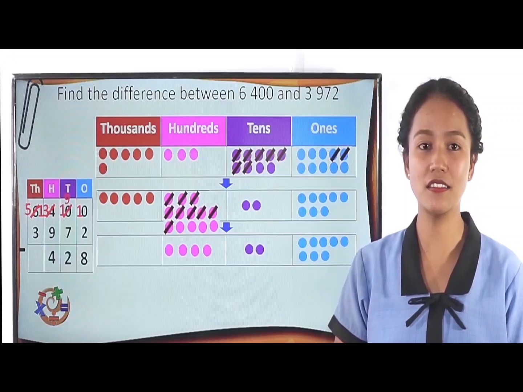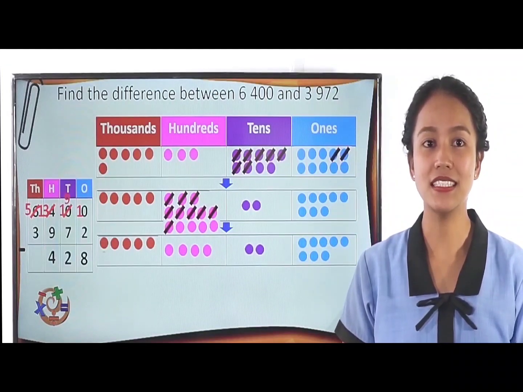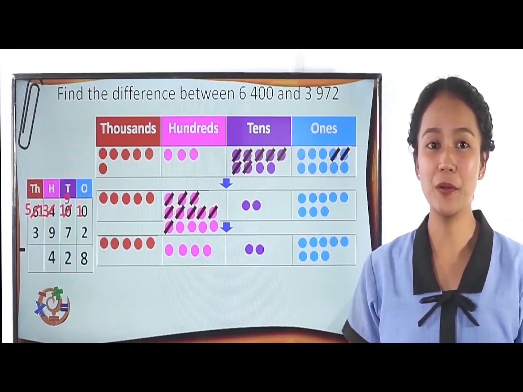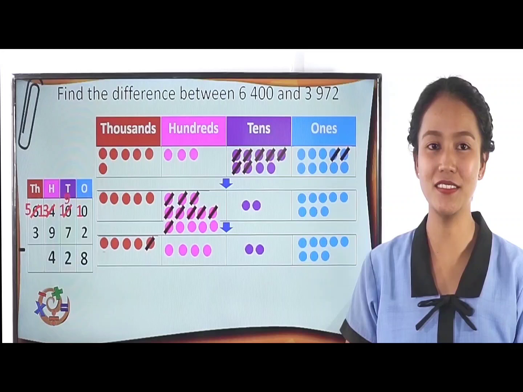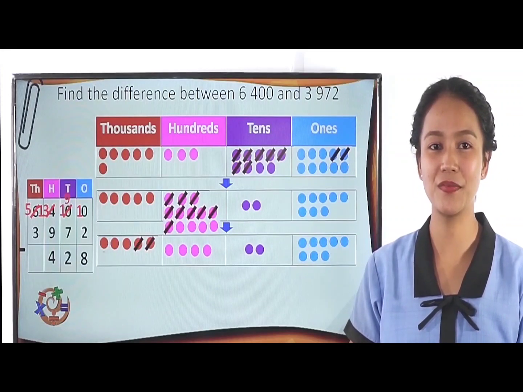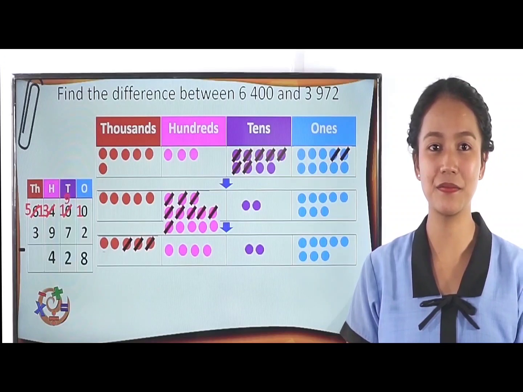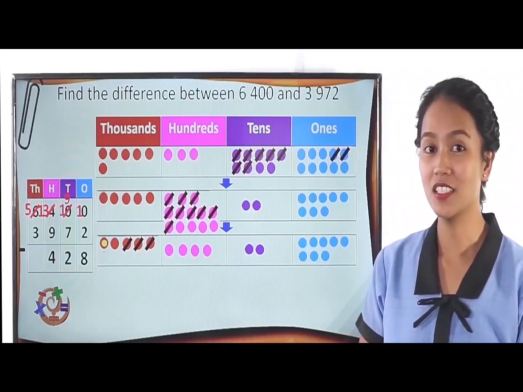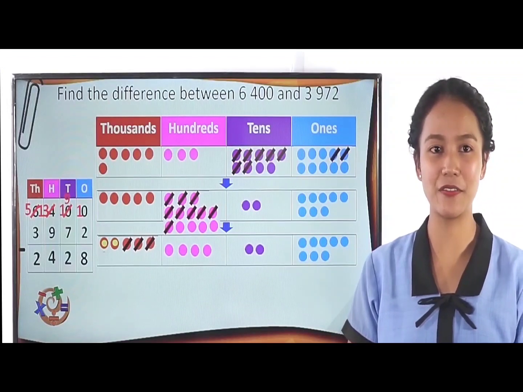There are 4 hundreds left. And finally, the thousands column. Remove 3 counters from 5 counters. 1, 2, 3. How many counters are left? 1, 2. Very good. There are 2 thousands left.